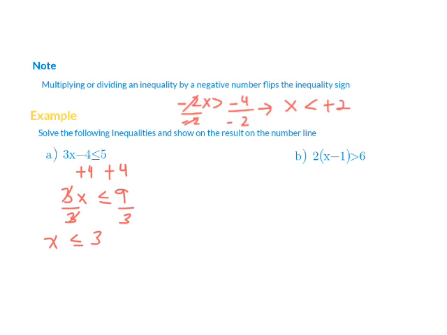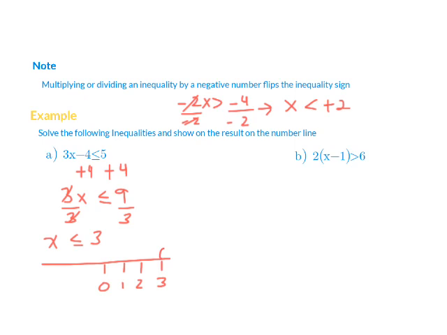Now, to show this result on the number line, I'm going to draw the number line. So, this is 0, this is 1, this is 2, and this is 3. Now, since the inequality sign includes the equal sign, I have to draw a closed circle.